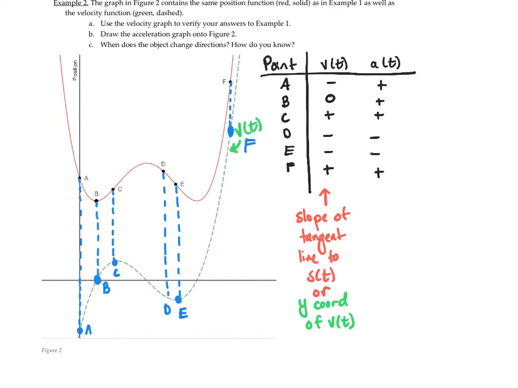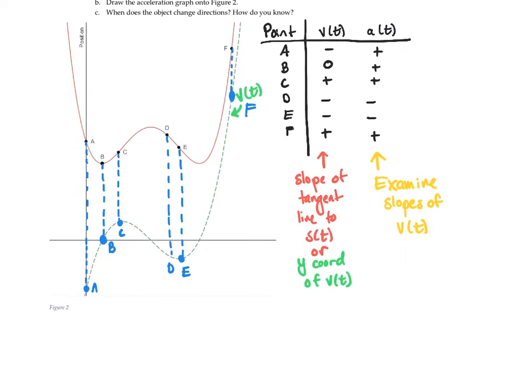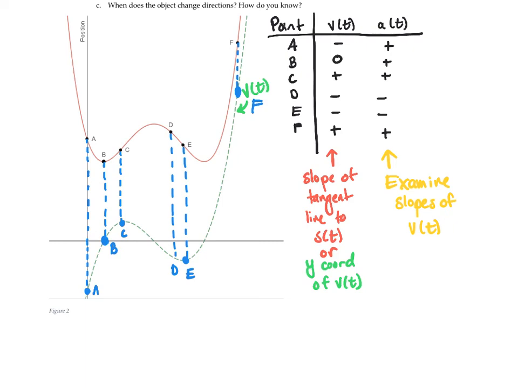Now for our acceleration graph, we are going to look at the slopes of the velocity graph. So acceleration is the derivative of velocity, so if I want to know whether the acceleration is positive, negative, or 0, I need to know whether my tangent line has positive, negative, or 0 slope.